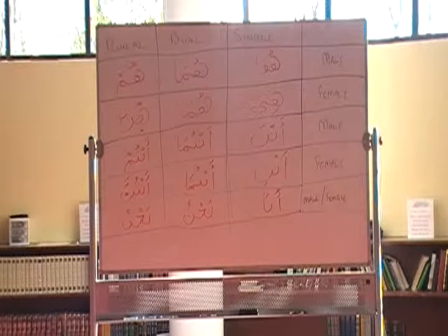But the thing that is possessing, the mudaf ilayh, is in the jar state. ina is a sign of masculine, of jar and nasb for the plural. So those of you who are new, inshallah, you haven't heard that yet. But that's as a reminder. Okay, next, inshallah.